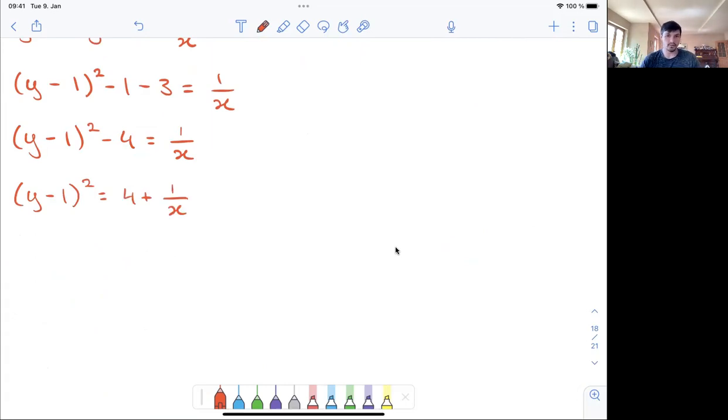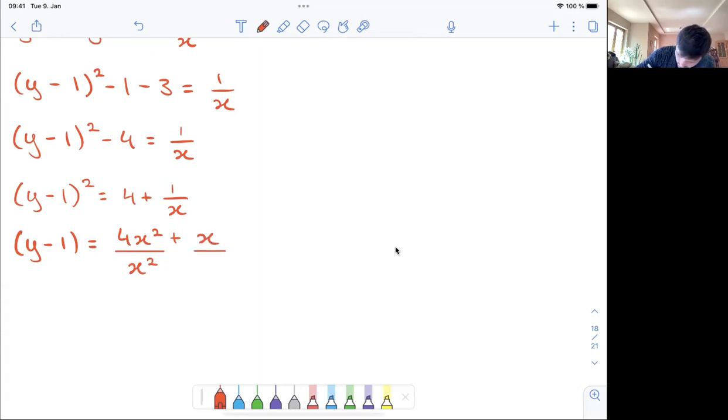Now, if we multiply our right-hand side by x over x, to get the same denominator on our right-hand side, we can change this to y minus 1 squared is equal to 4x squared plus x over x squared.